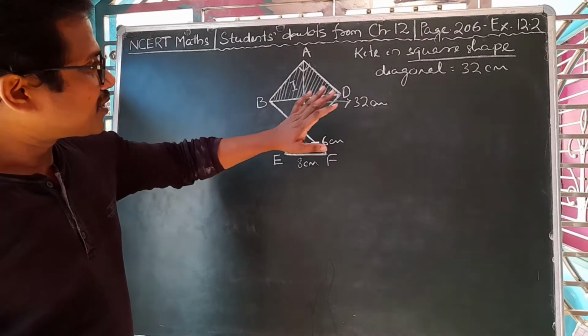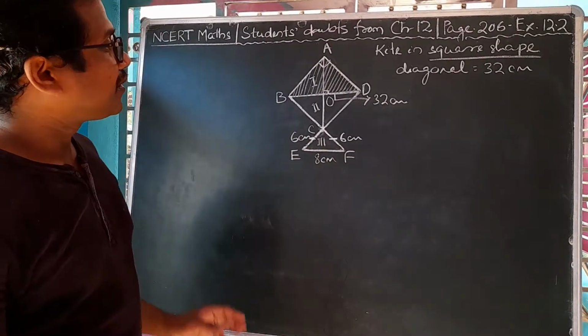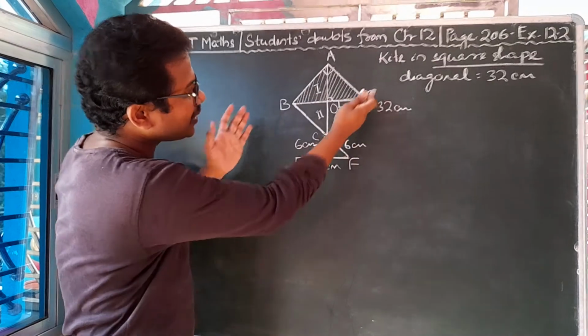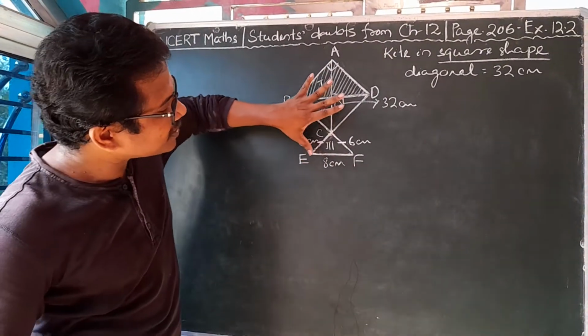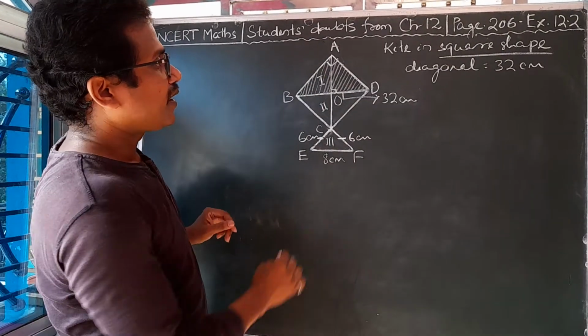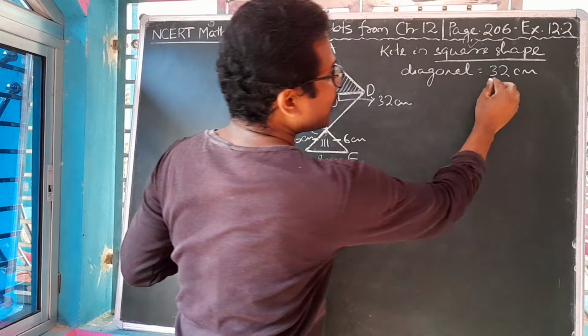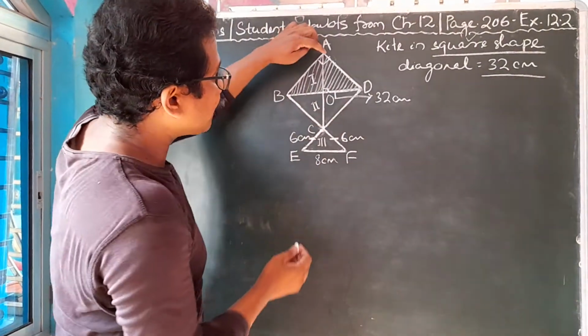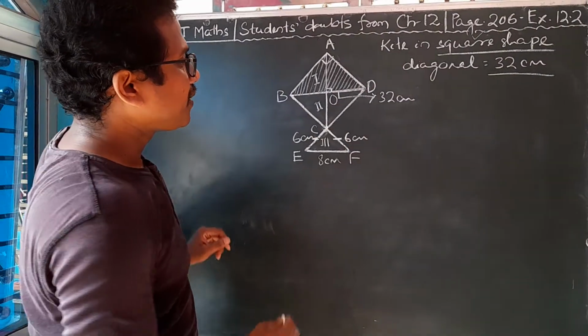So students, now we are solving another difficult problem. This figure is ABCD and here is EF. So this figure is in the form of a kite, and the upper part of the kite is a square as per the question. Diagonal is given 32 cm. So what are the diagonals? AC and BD, diagonals 32 cm.